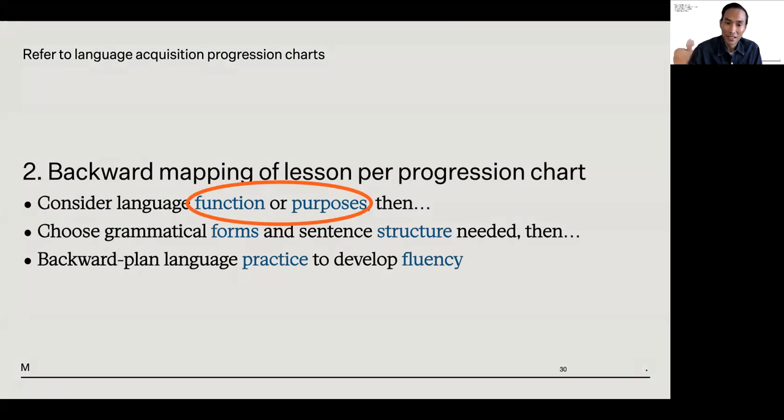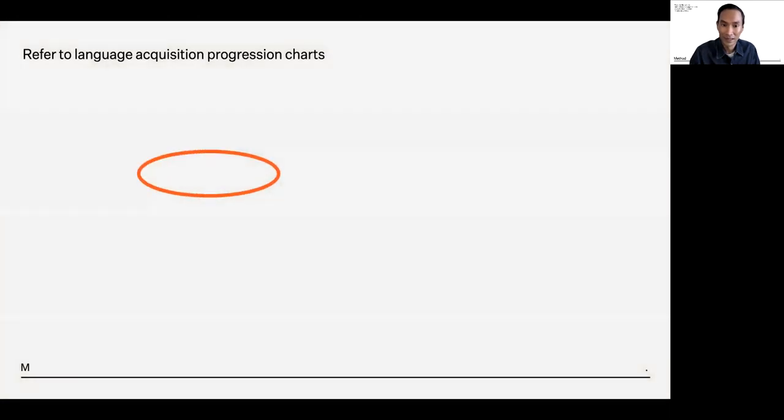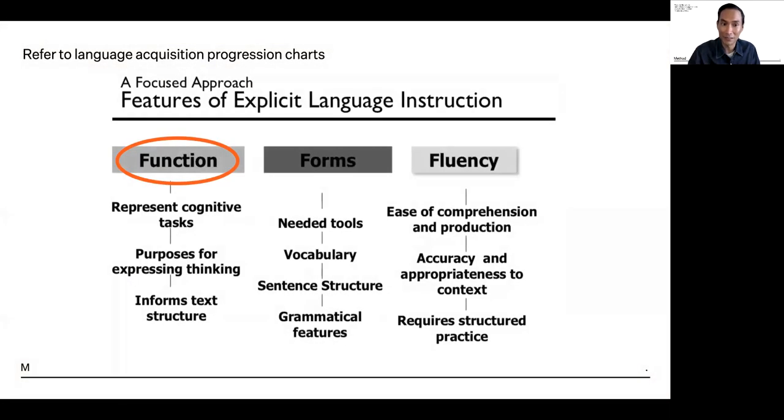Working backwards, you take the function and you look at the grammatical forms and sentence structures that you need for them to produce, okay? And then you provide for them a level of practice, not only orally, but also written to develop that fluency. So it's pretty much like step by step. You go by function, which comes from your standard.